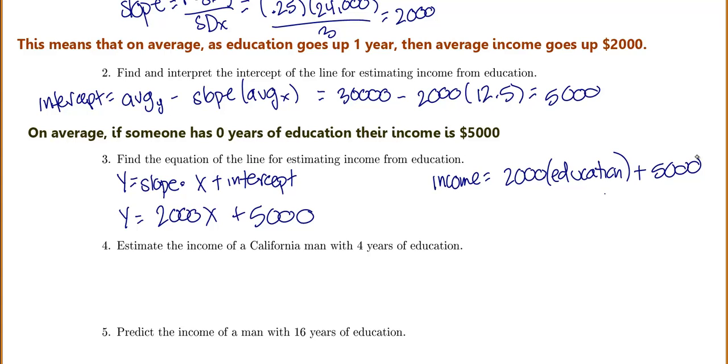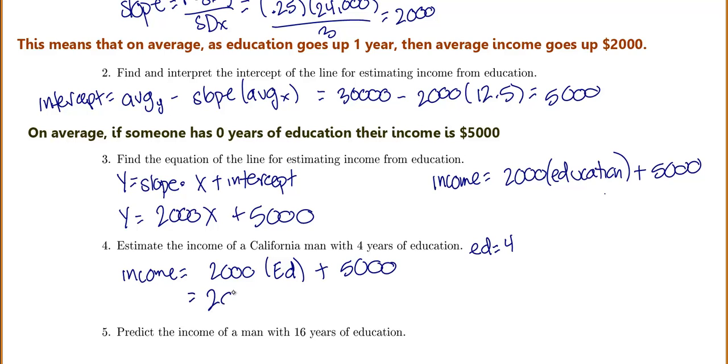So number 4, estimate the income of a California man with 4 years of education. This means that education equals 4, and all I have to do is plug education equals 4 into the equation of my line. So income equals 2,000 times the years of education plus 5,000.